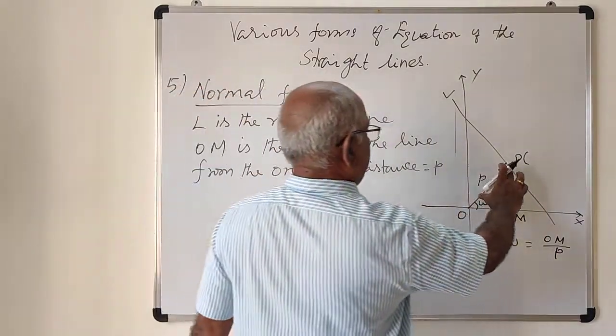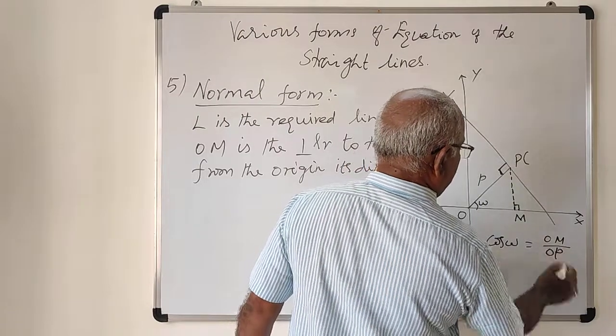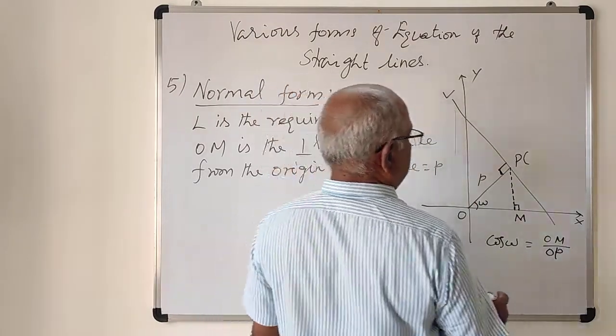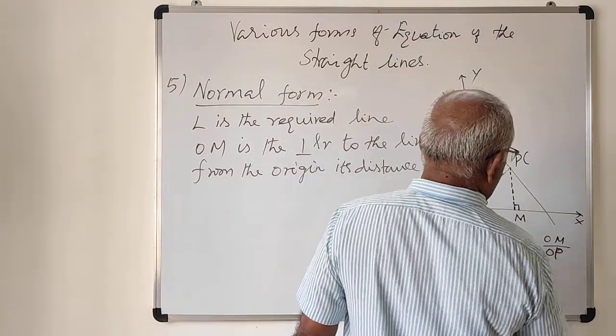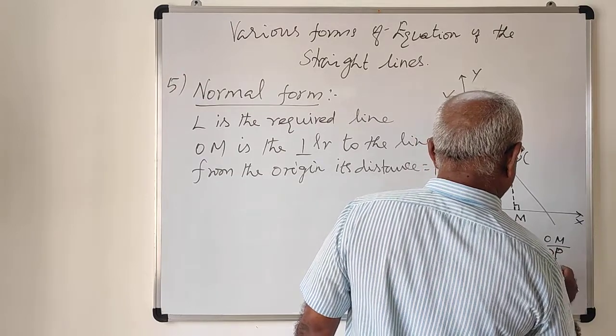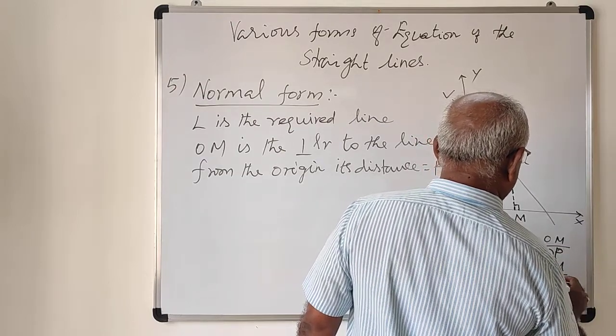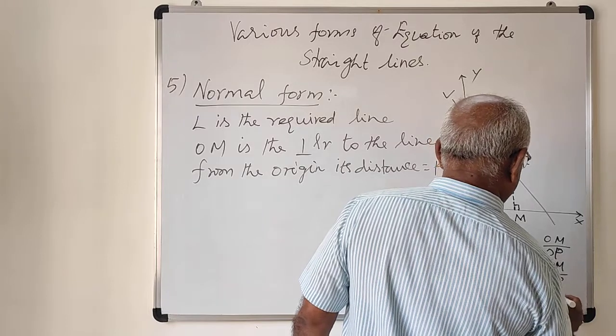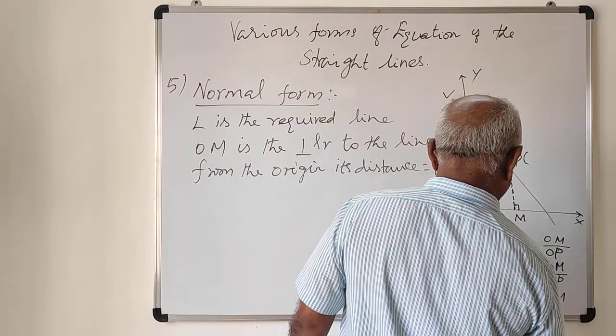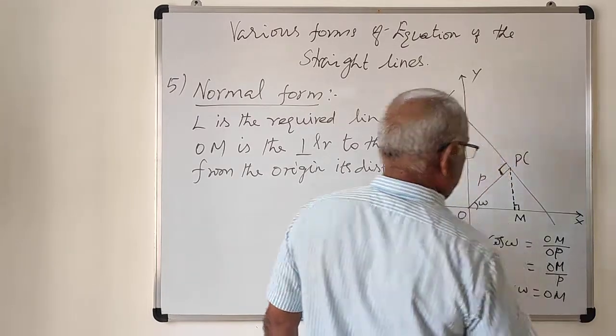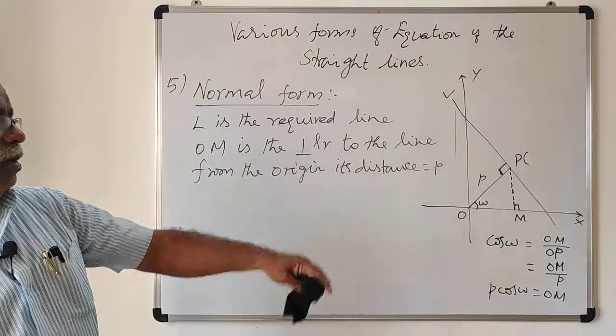In the right angle triangle OPM, hypotenuse is the distance OP, which is p. So cos omega equals OM by p, and by cross multiplication OM equals p cos omega.